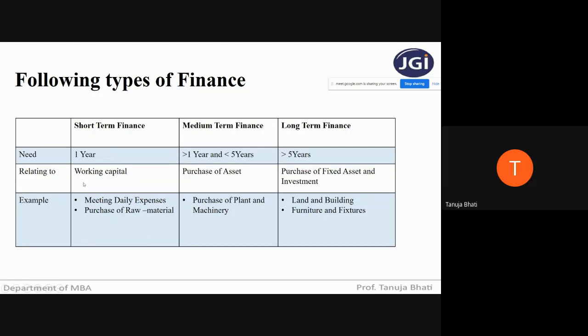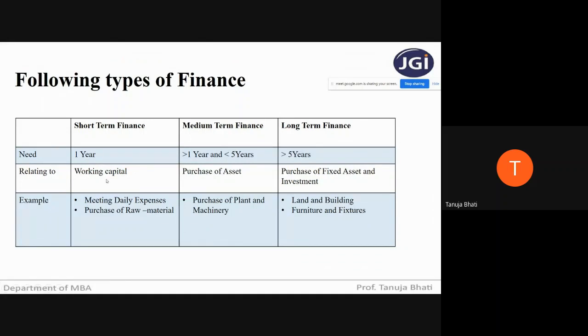To meet its working capital requirements. What is the meaning of working capital? Capital is nothing but finance, investment. So the finance required by the company for the day-to-day operations of the company is working capital. If any company requires finance for a period of less than 1 year, it requires it to meet its working capital.